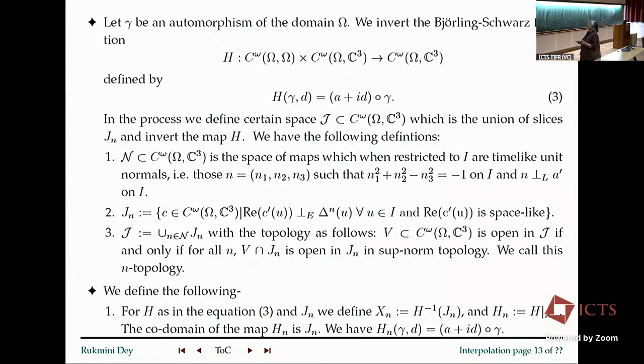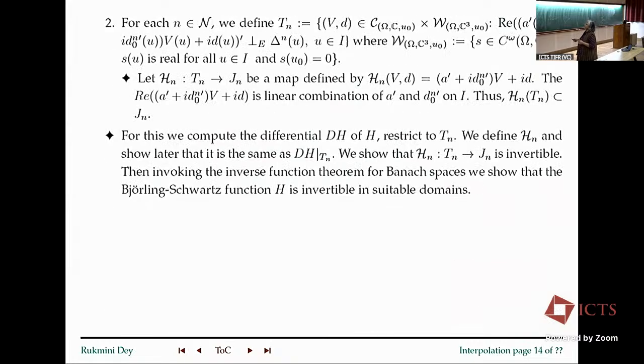Parameterize it by the unit normals, and I'm not going into all the details. But ultimately, finally, if I have time later, I'll go into the details. But ultimately, this inversion can be done, and local inversion, like I calculate the derivative of that map and restrict it to certain subsets of the Banach spaces, and then I invert it and then try to show that actually on the whole space it inverts.